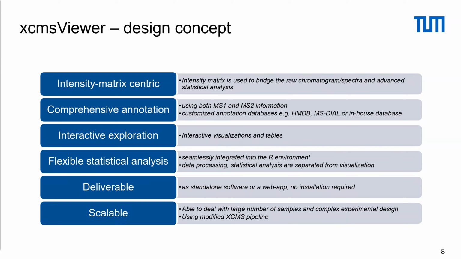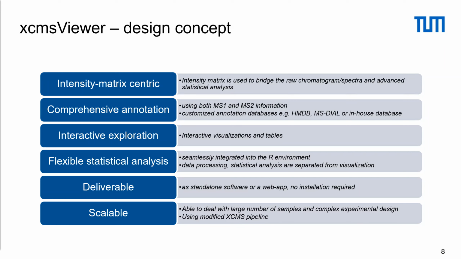The last feature we consider is scalability, because now more and more experiments are focusing on complex phenotypes, for example, defined subtypes. In these experiments, we don't have a typical experimental versus control design, but what we have is a large number of samples and a complex phenotype.